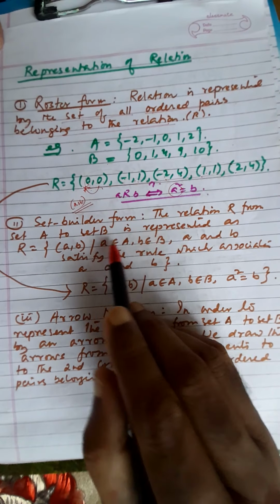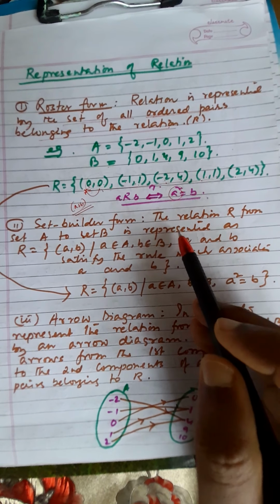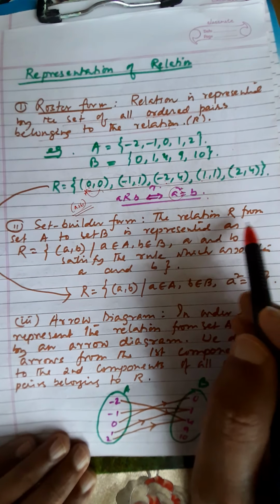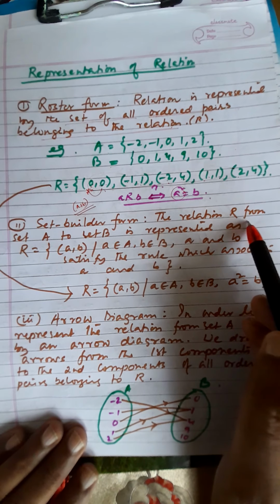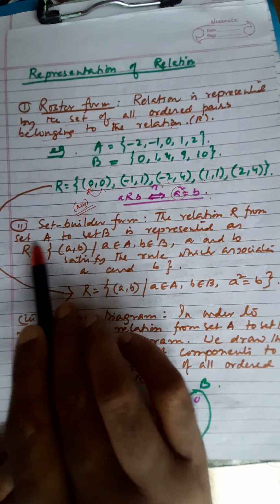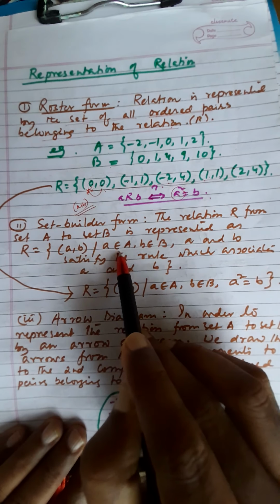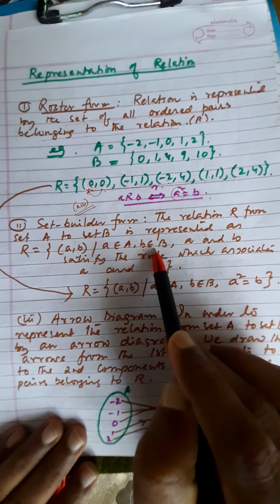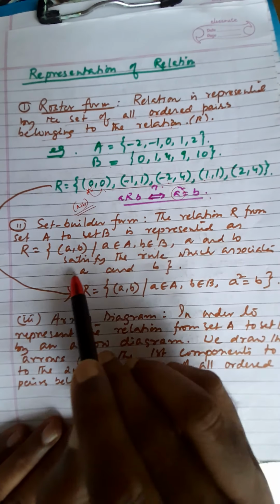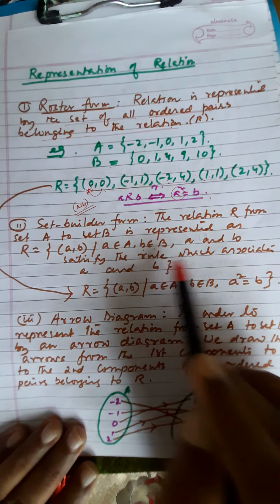Next is set builder form. How can we write set builder form? The relation R from set A to set B is represented as R equal to (a, b) such that a belongs to A, b belongs to B, and a and b satisfy some rule which associates a and b.